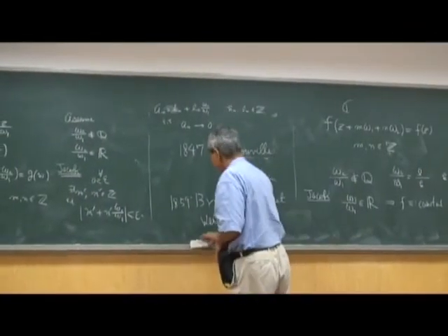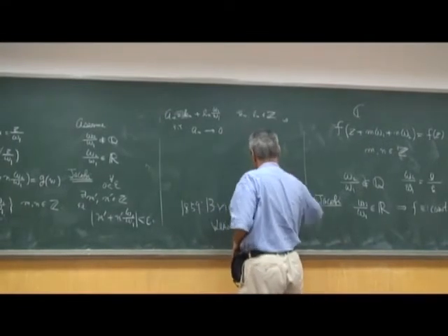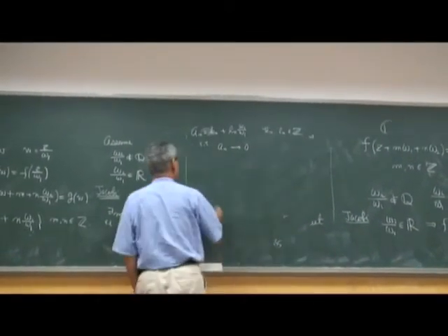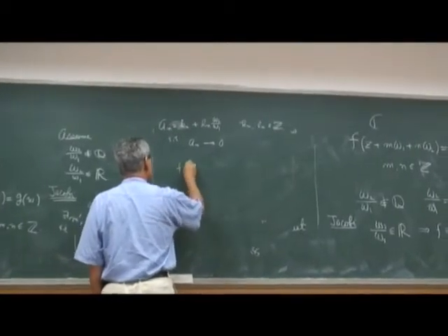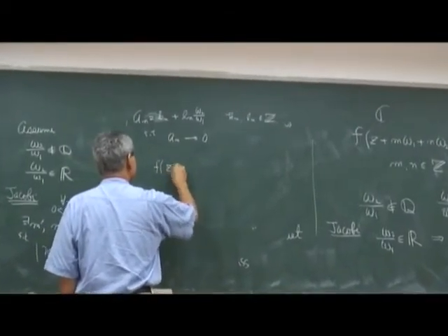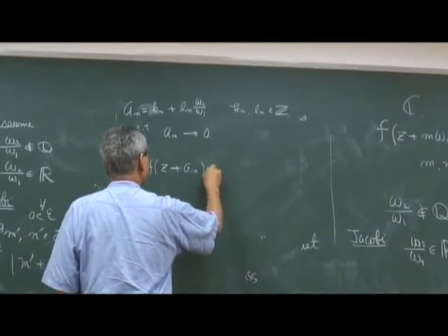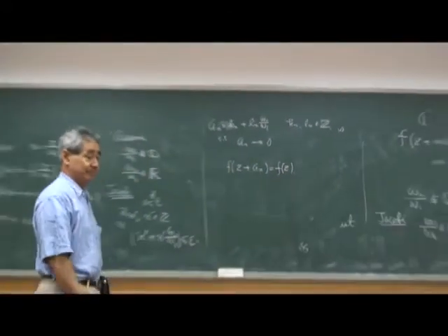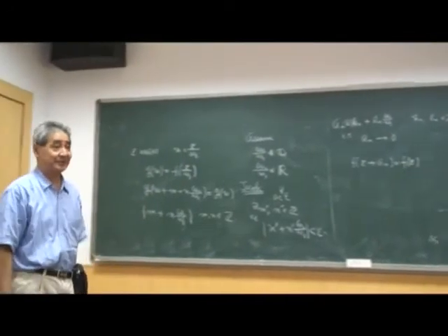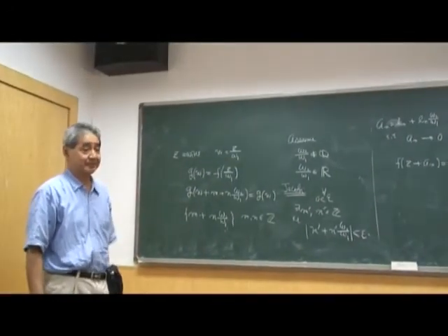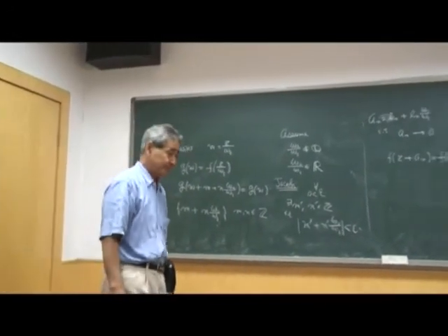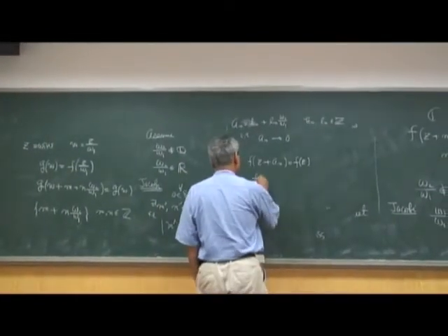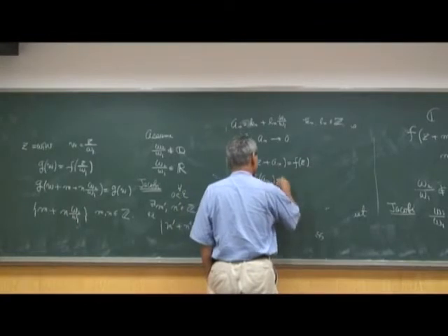And then what do you know? You know that your value at z plus a_n is always the same. Of course, it's by assumption. So in particular, f(a_n) is f(0).